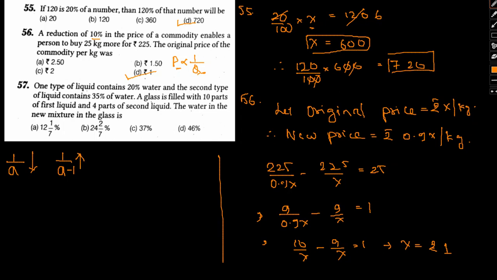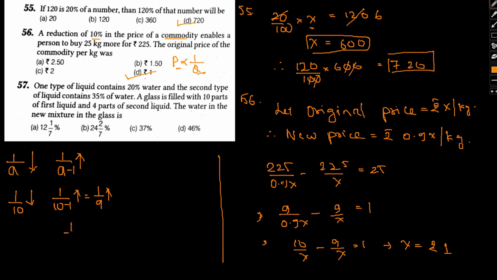Here we see the price has been decreased by 10%. So the price has been decreased by 1 by 10 times. Therefore, to balance this out, the quantity has to be increased by 1 by 10 minus 1, and that is 1 by 9 times.